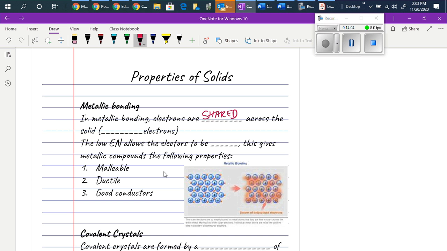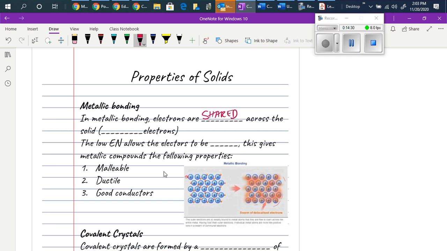As you see here on this picture, the electrons are shared in between all the other nuclei, creating a cloud of electrons.